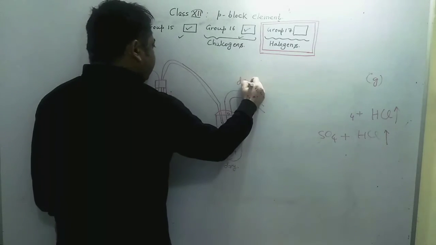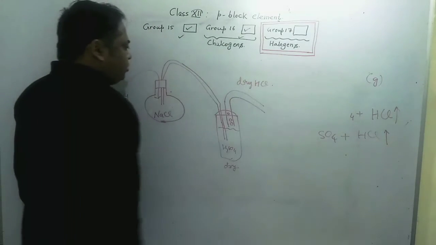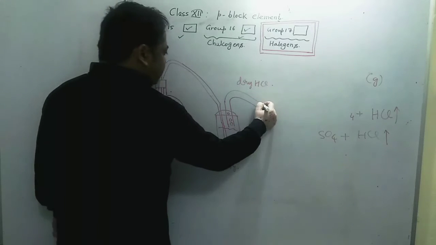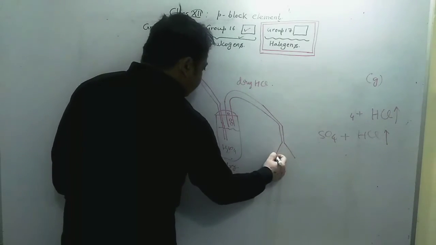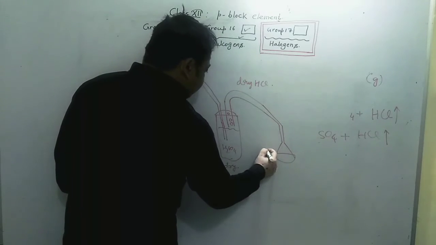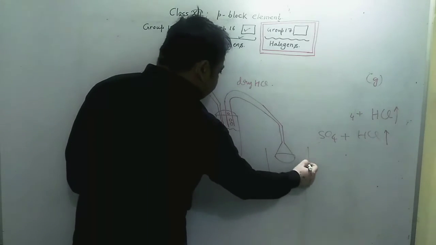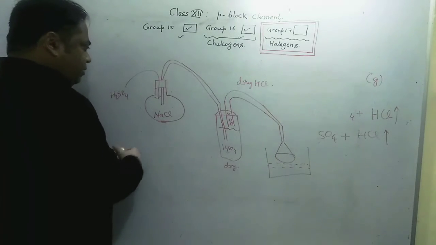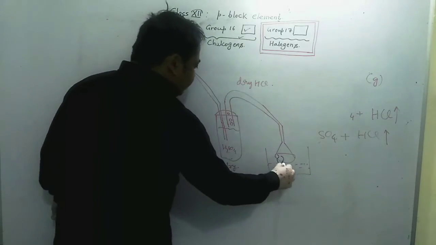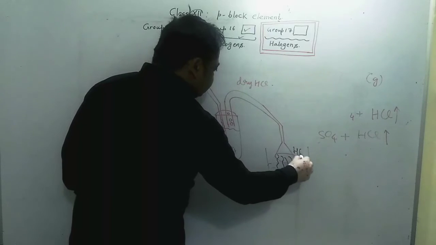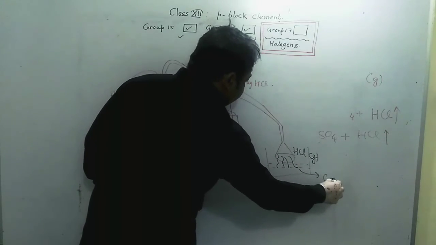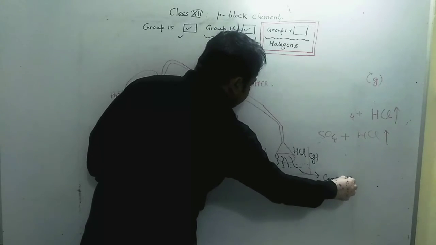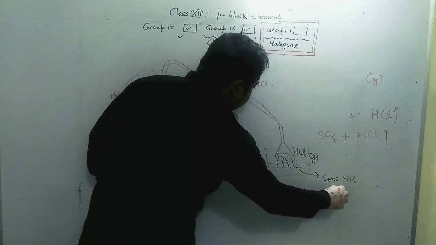The dry HCl gas which will come out will be highly soluble in water. So it will be fitted with a funnel like this, and the surface of water will be kept like this. As a result, what will happen? When HCl gas will come, it will dissolve in water and will form concentrated HCl solution.